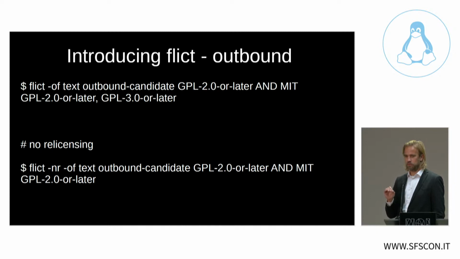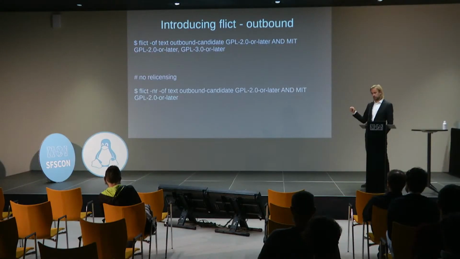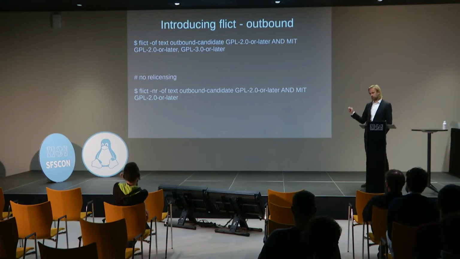So it's suggestions or candidates. I can basically ask FLICT, can you give me an outbound candidate if the license expression is GPL 2 or later and MIT, and it does. And you see there that it also suggests GPL 3 or later. So there you're seeing relicensing being performed. You can exclude this relicensing by saying no relicense with -NR.